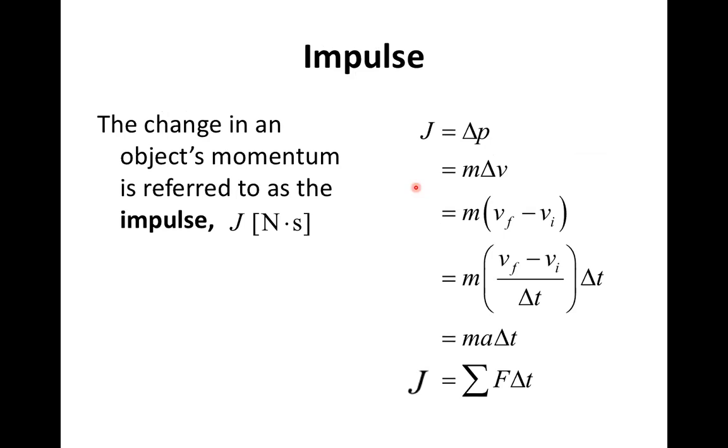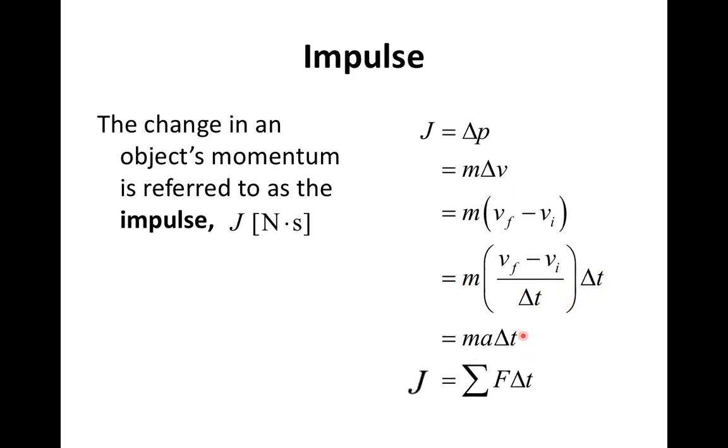Change in momentum is referred to as impulse, and we use the symbol J. J is the change in momentum. If we substitute mass times change in velocity, and make a substitution for delta v, and then multiply by delta t and divide by delta t, since we're essentially multiplying by 1, that doesn't change the value of the right side of this equation.